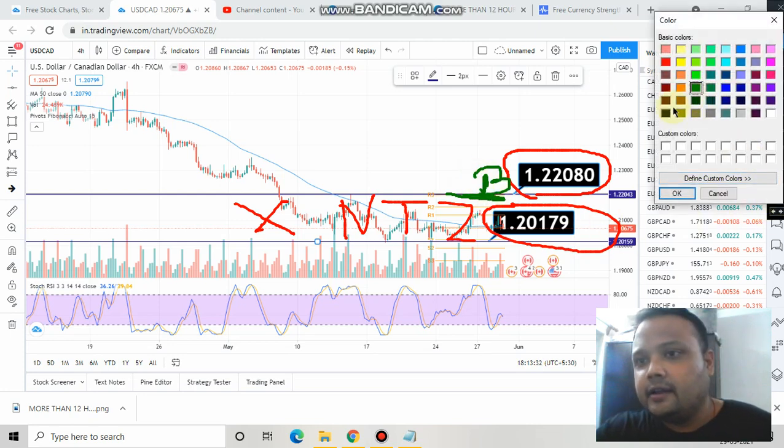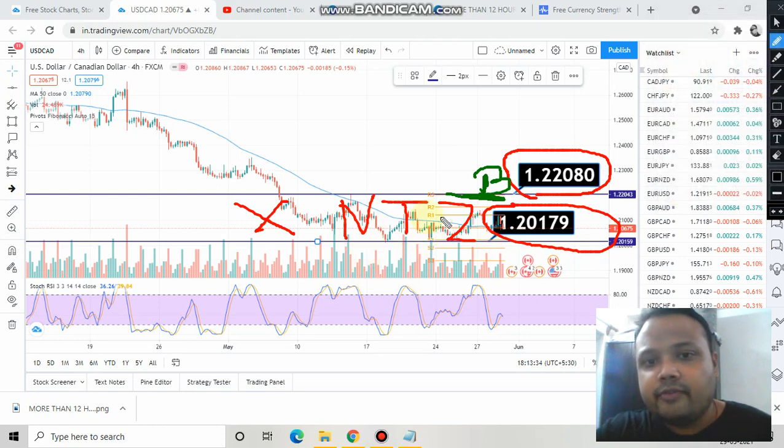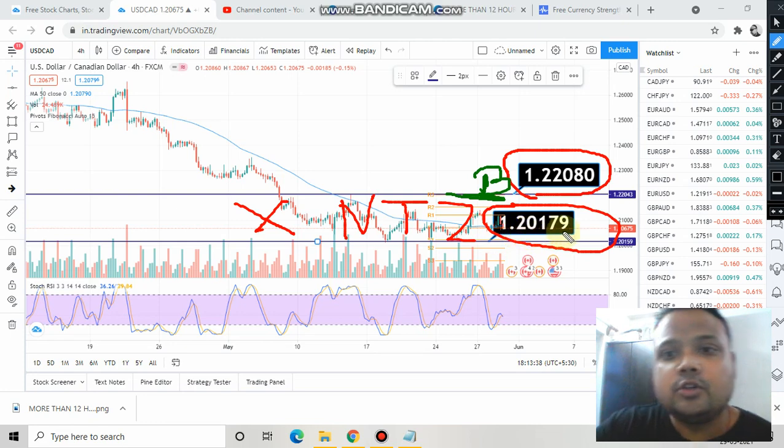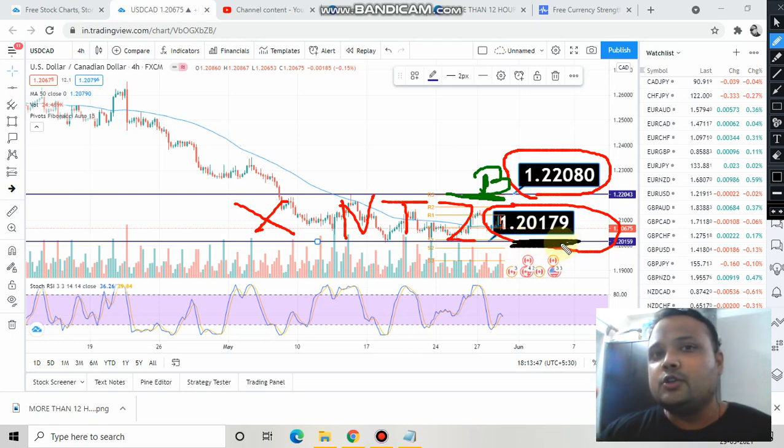On the other hand, if market fails to trade in this level and market crosses the 1.2017 level, then also you just need to observe the price, try to read the chart, try to understand the market psychology. If you see that market has crossed this support level with good amount of volume, then you can short the market.